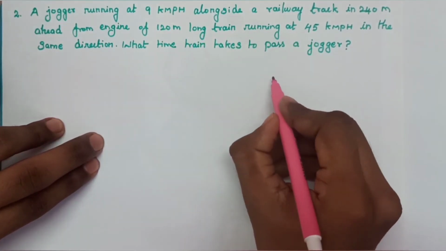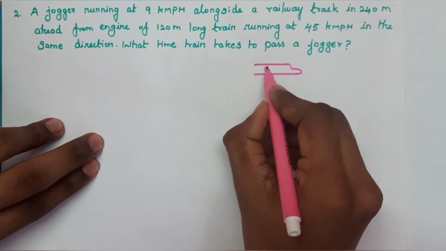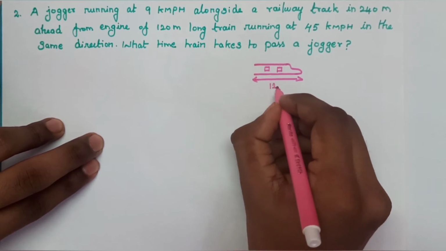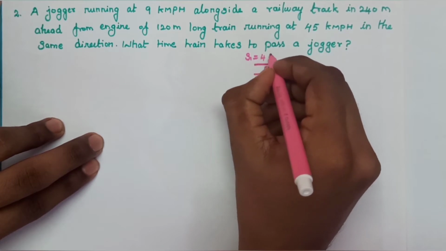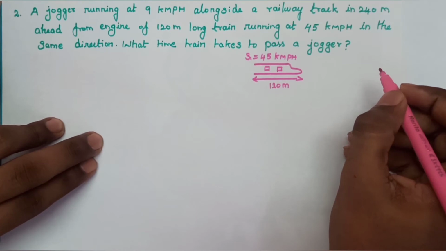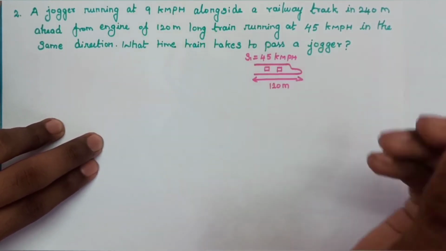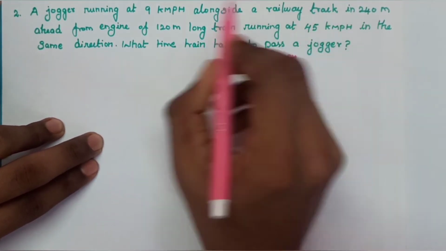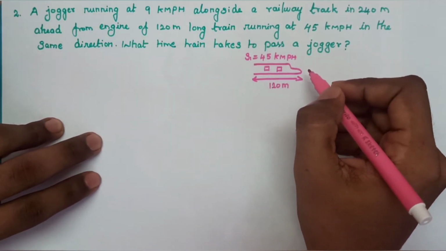Here is the 120 meter long train running at a speed of S1 equal to 45 km per hour, and a jogger running at 9 km per hour, 240 meter ahead, hit from the engine. So obviously the engine is in the front position of this train, right?